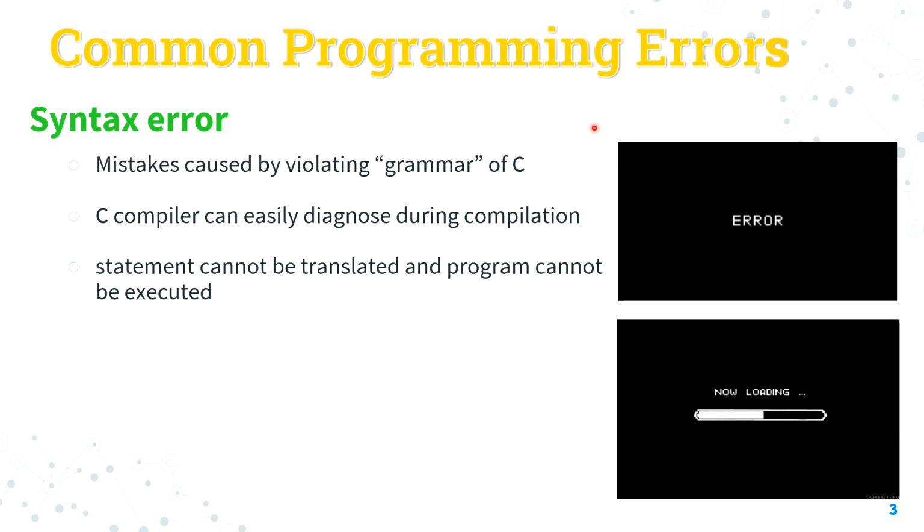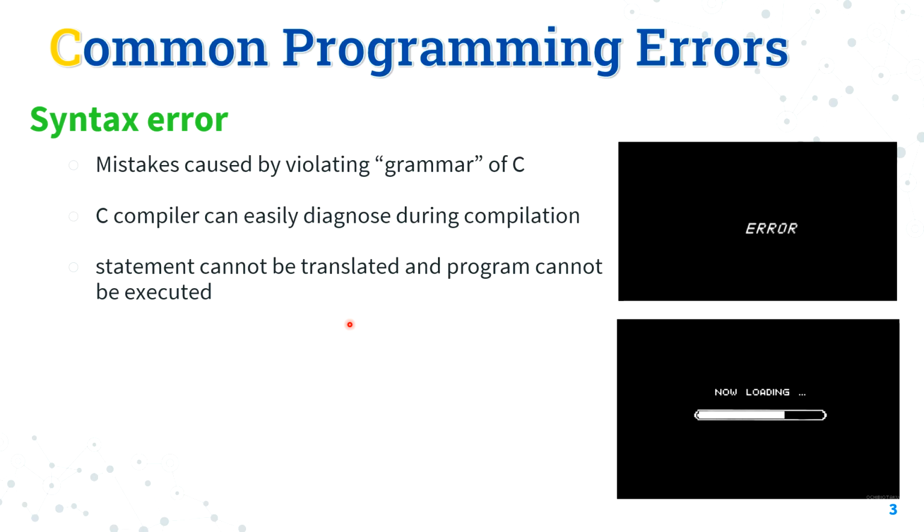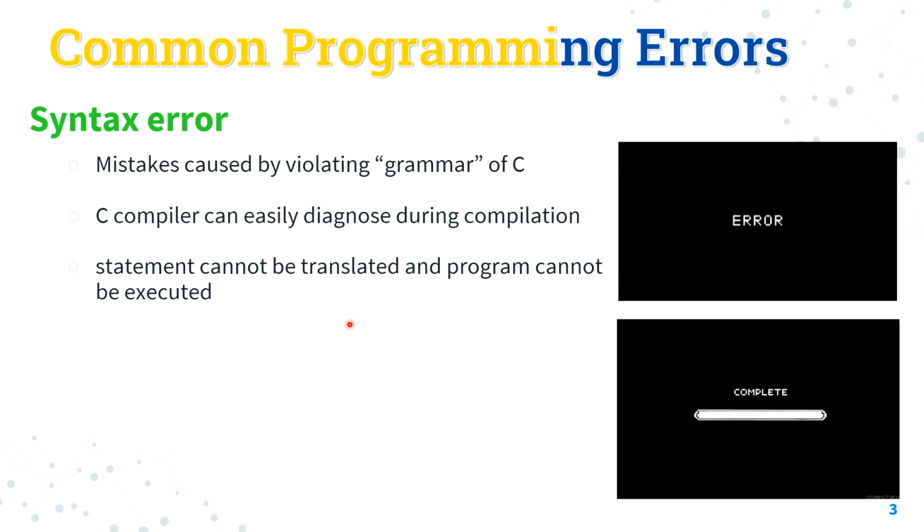When you make a grammar mistake, your code statement cannot be translated by the computer, and therefore the program cannot be executed at all. In a simple way, it simply refuses to run until you fix the error.